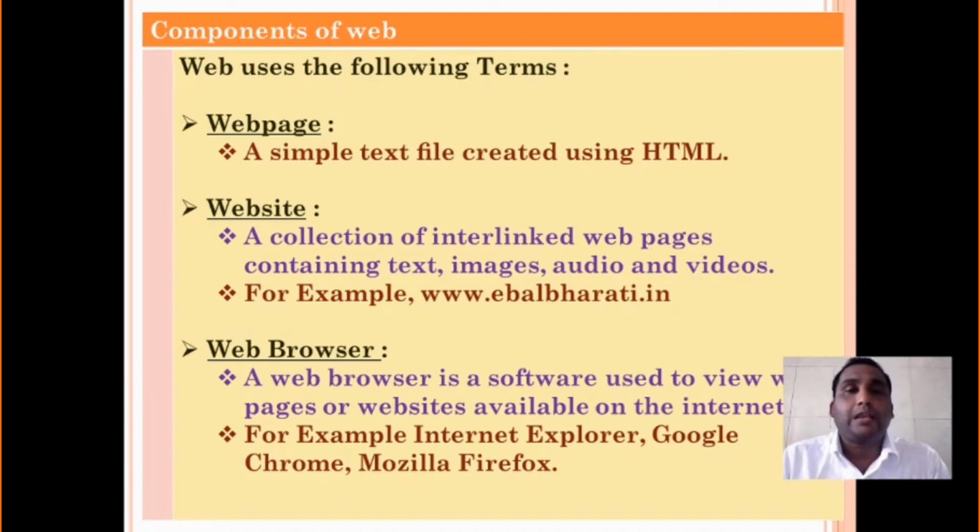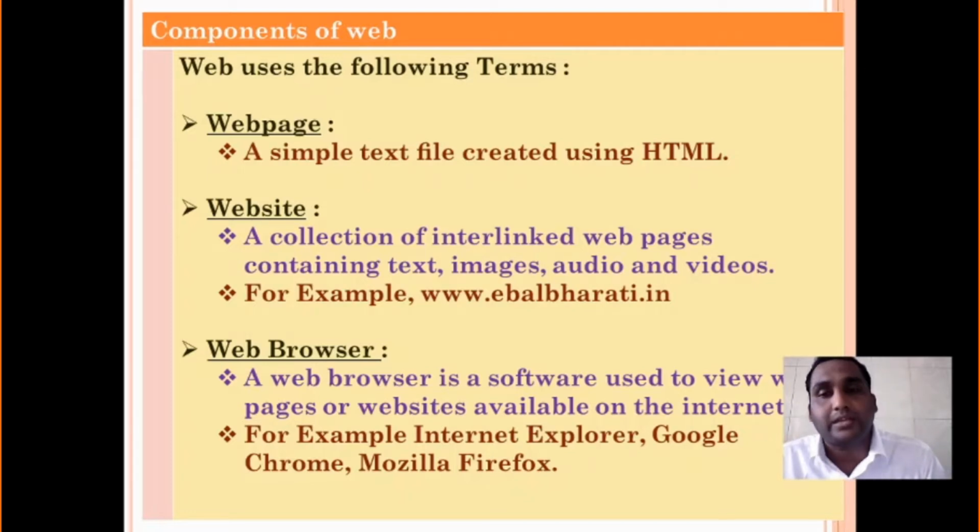Now let us understand the different components of the web. Before learning how to develop, how to design a web page and website, let us get clear on some of the important terms. What is a web page? A web page is a simple text file. You understand text file? We create a text file in Notepad or any of the text editors.